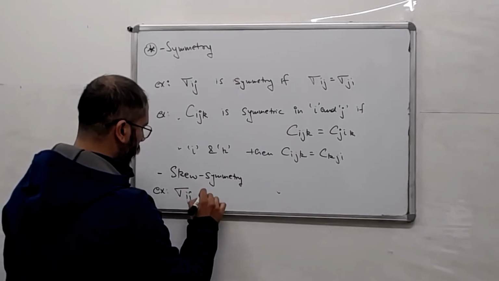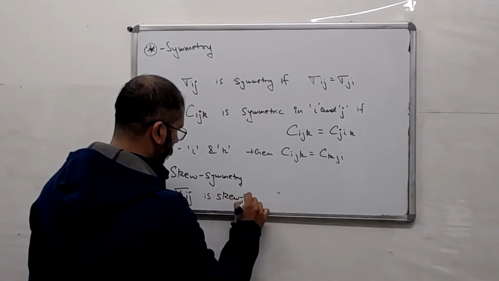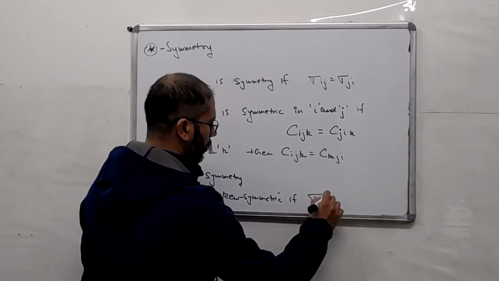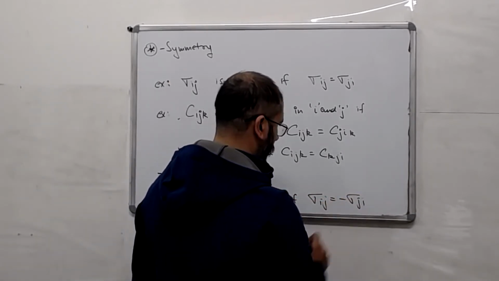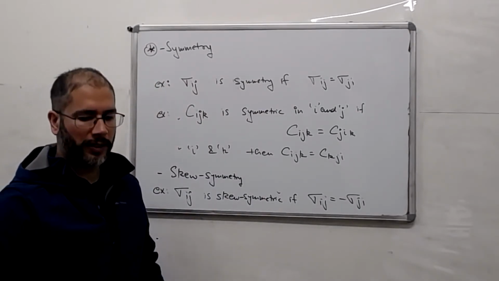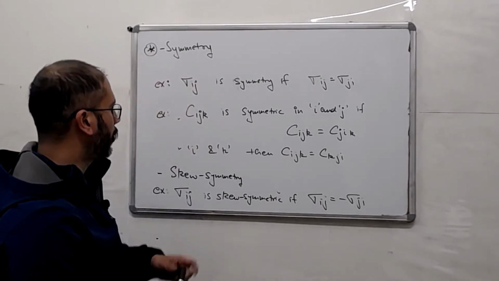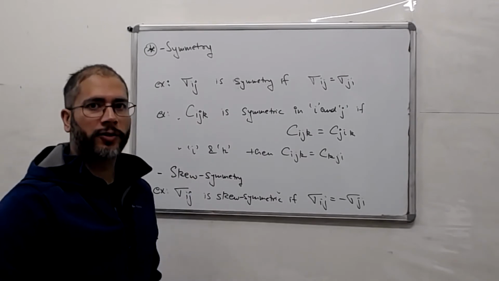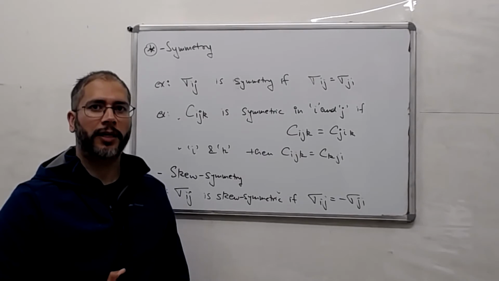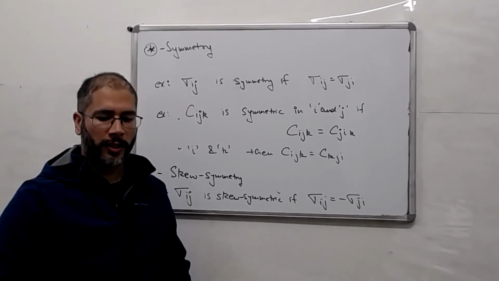We say sigma ij is skew symmetric if sigma ij is minus sigma ji. Yes, the opposite of symmetry is skew symmetry. Now again, similarly, if you had a third order tensor, you have to specify which two indices the tensor is skew symmetric in. You can't just say that C is skew symmetric. You have to specify explicitly which two indices.